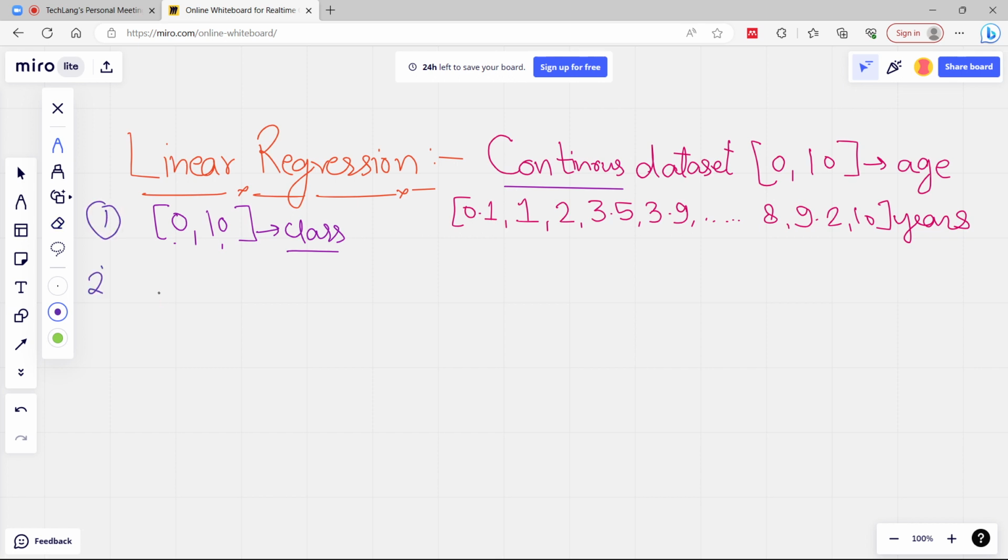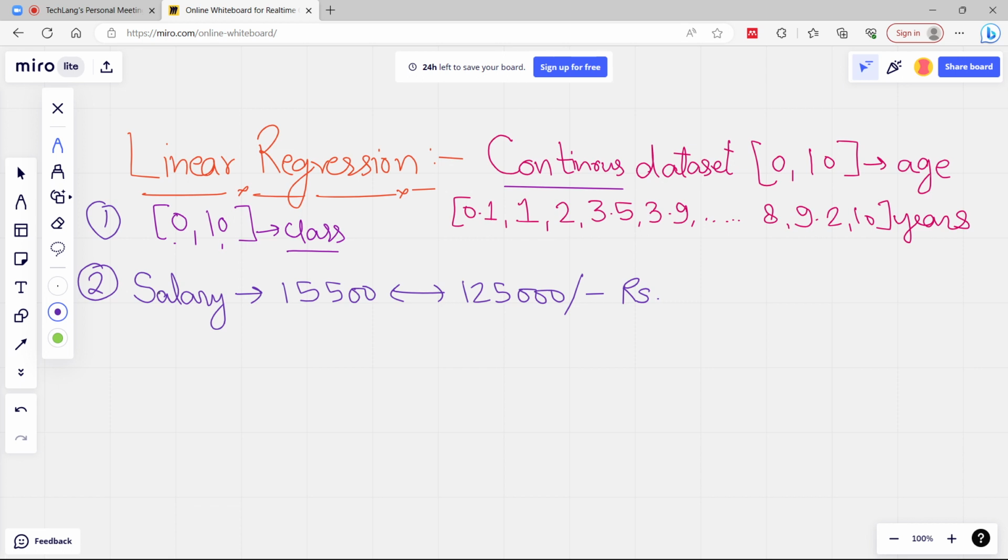In the second example, you are taking the salary of an employee. The salary of an employee may be 15,500 to 1,25,000. Can you guess any number between 15,500 and 1,25,000 rupees?